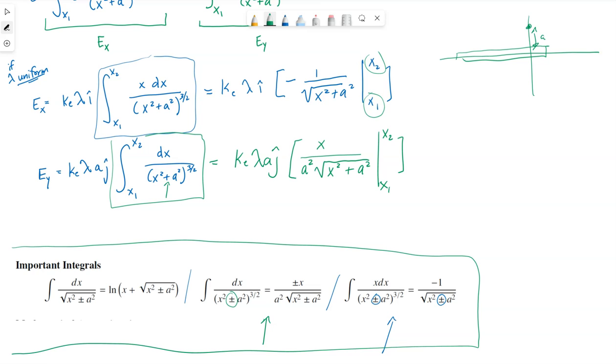The general process of setting these up is the same. We want to find our dq. We need to write that in terms of lambda and dx or dy, something along those lines. R is the straight line distance from any one point charge to where we're trying to find the electric field, which has been varying in every situation so far.